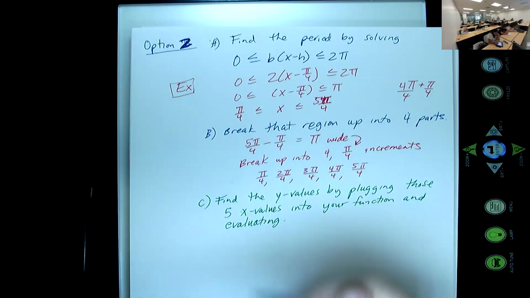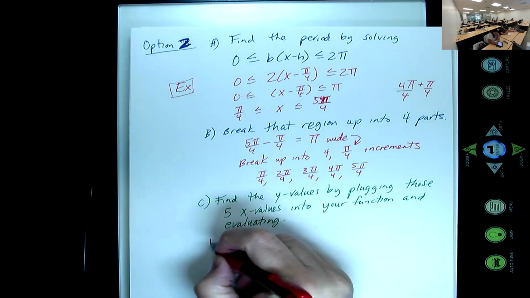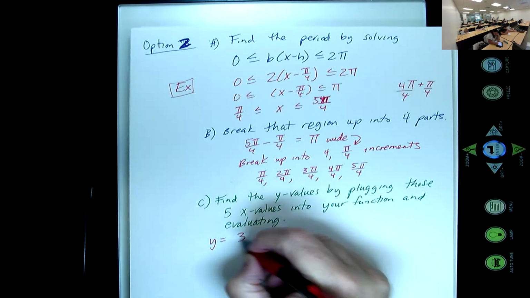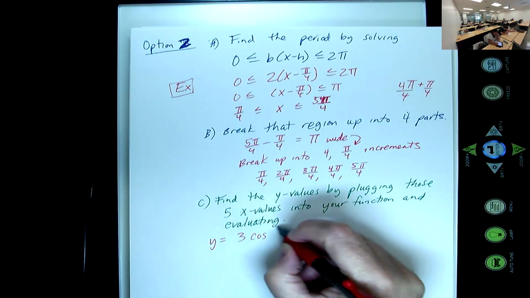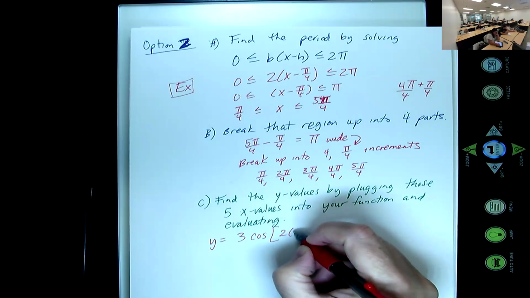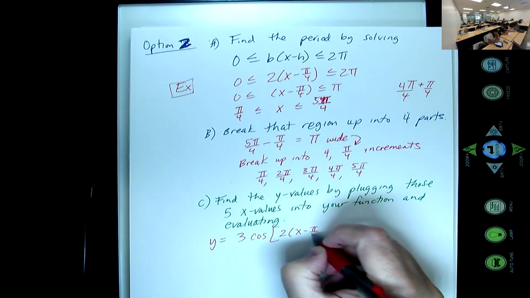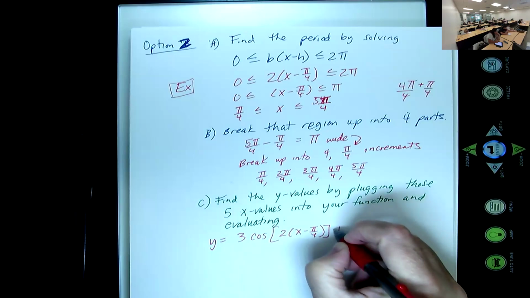I'll do a quick example on this one using the things we had before. Say our function was y equals 3 cosine of 2 times x minus pi over 4, plus 1. That way we're using the same example.